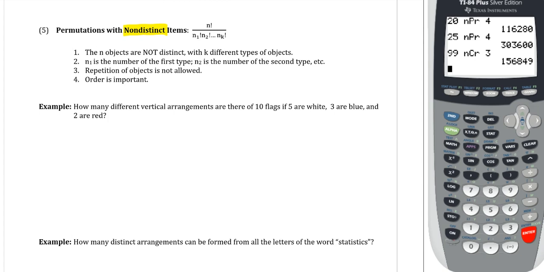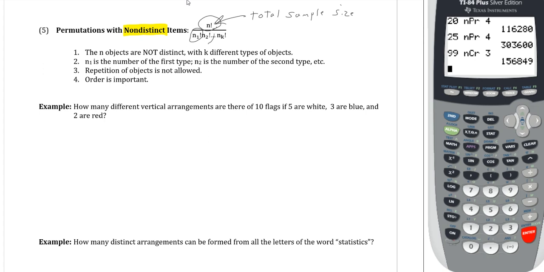Now to do that, what we have is this formula here. The top, n factorial, is going to be the total sample size, so how many total objects we are working with. On the bottom, we have a lot of factorials that are multiplied by one another. The first factorial, n sub 1 factorial, is going to be the number of objects for the first non-distinct item.